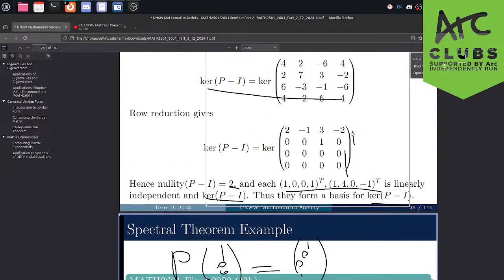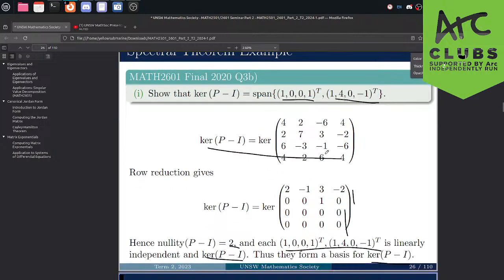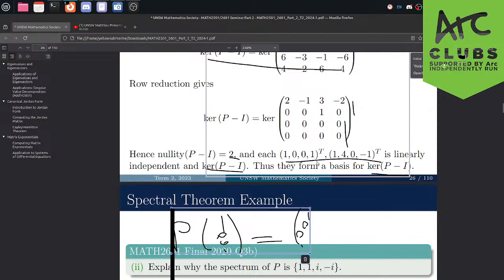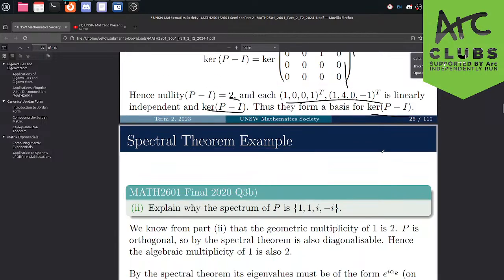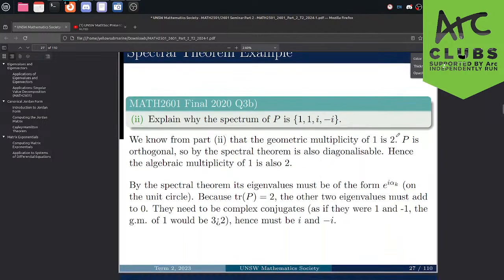Cool. So this calculation shows that these are the only vectors which span the kernel. That means the geometric multiplicity of 1 is going to be 2. But this also means the algebraic multiplicity of 1 is 2.